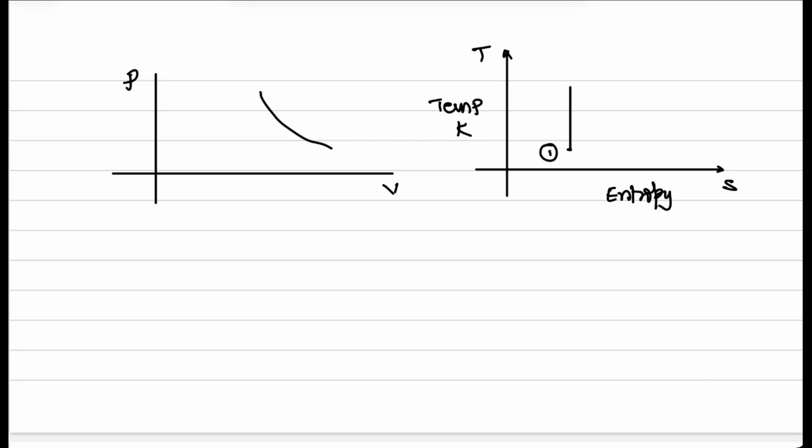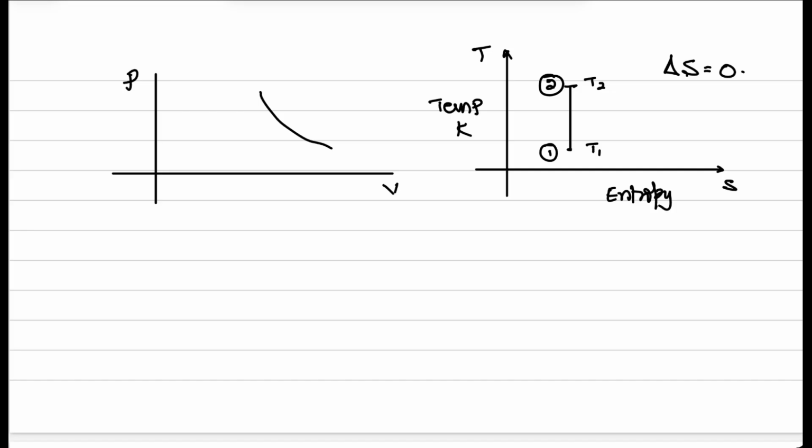From process 1 to process 2, there is a temperature change from T1 to T2. But in an isentropic process, the entropy is not changing. It's a vertical line. Delta S is equal to 0. Change in entropy is 0 with temperature. This is what an isentropic process is.